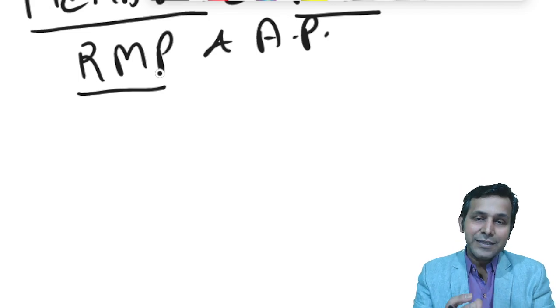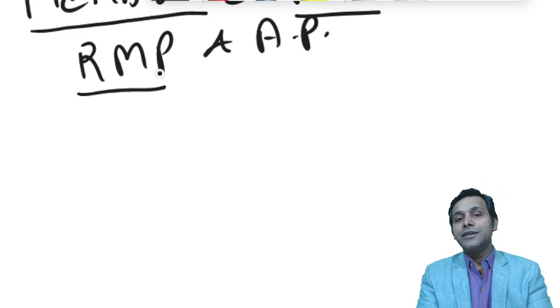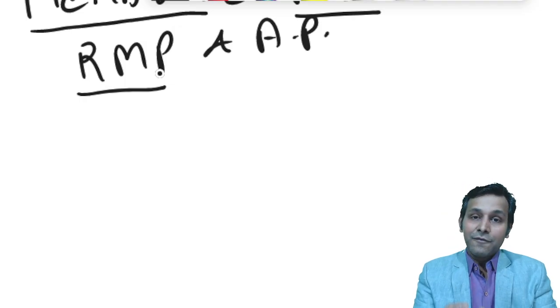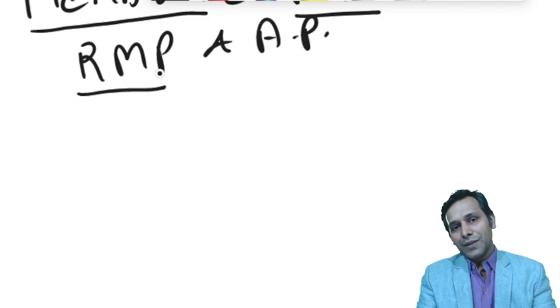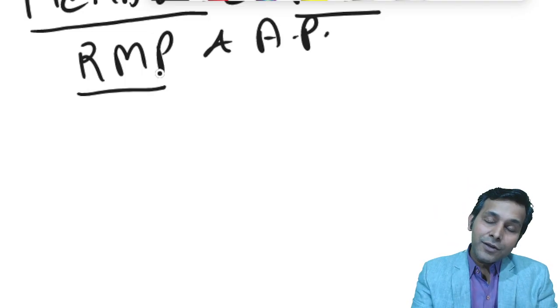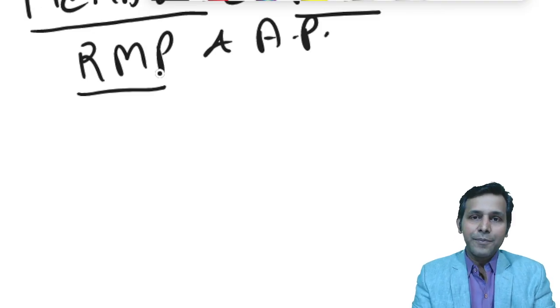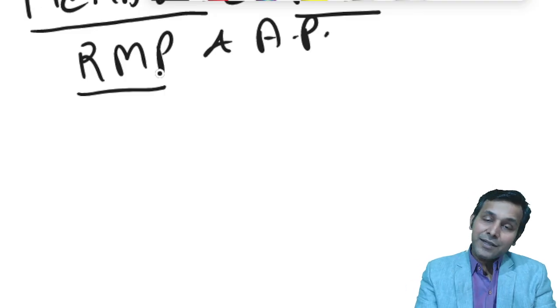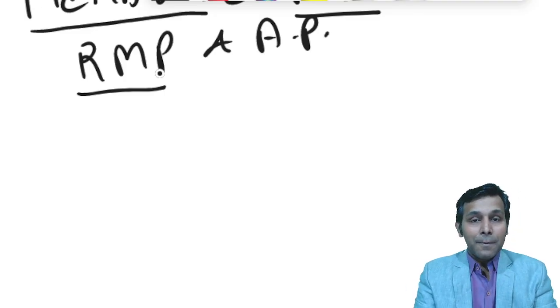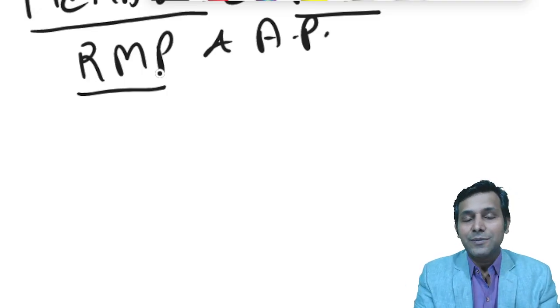So an excitable cell is a cell which is capable of changing its potential, and hence for an excitable cell we can use the word RMP. Now for the non-excitable cells, for example RBCs, red blood cells, they have resting membrane potential, but their resting state does not change. They don't generate action potential.